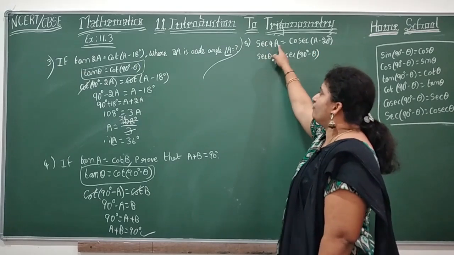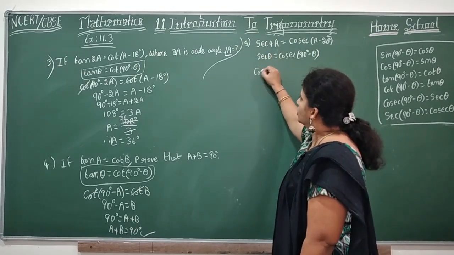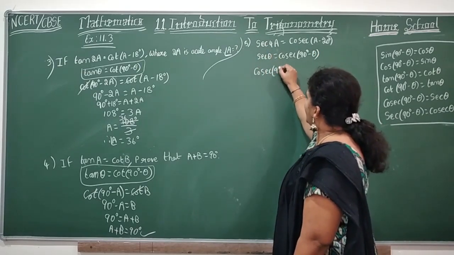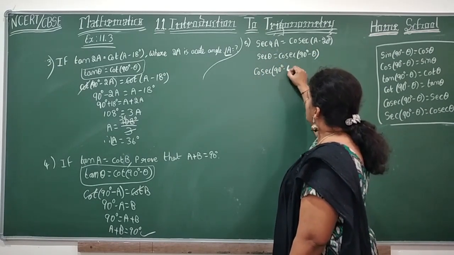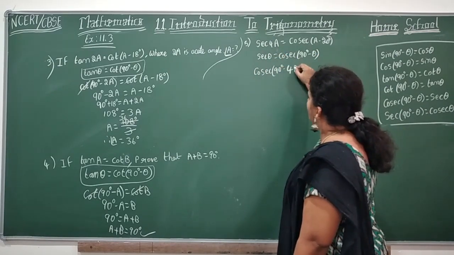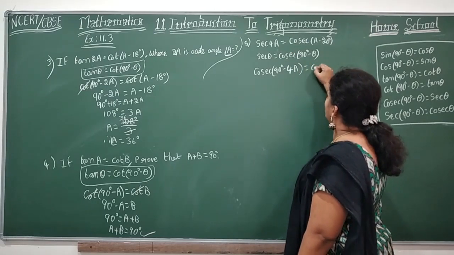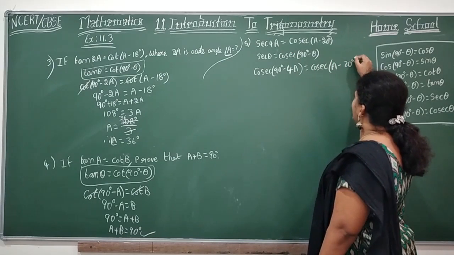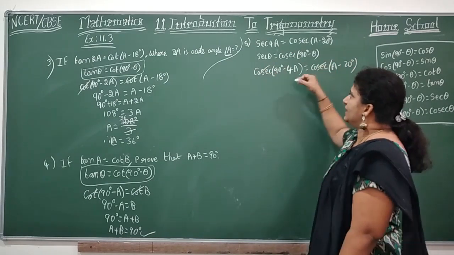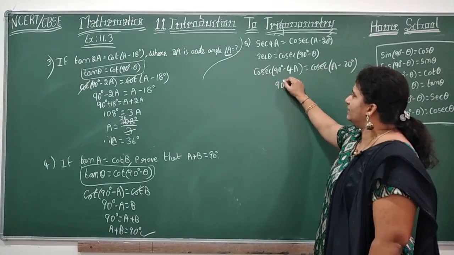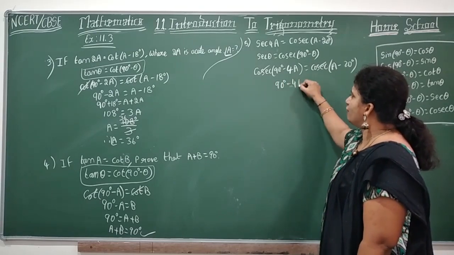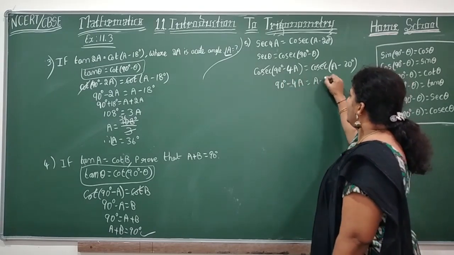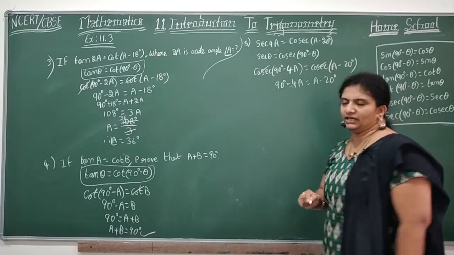So, this secant 4A, how will you write here? Cosecant (90 degree minus 4A) is equal to cosecant (A minus 20 degree). Cosecant cancel, or you can skip that. 90 minus 4A is equal to A minus 20 degree.